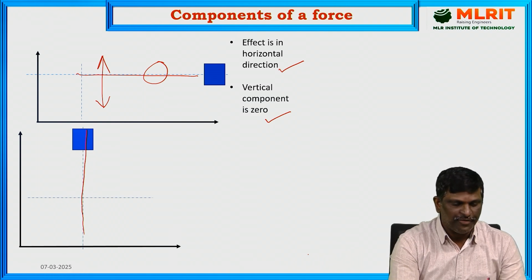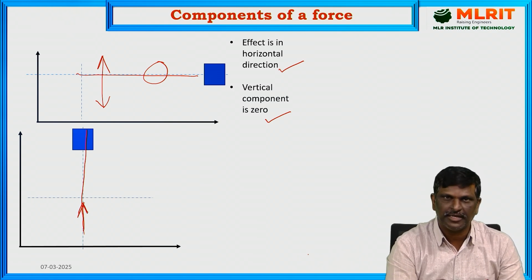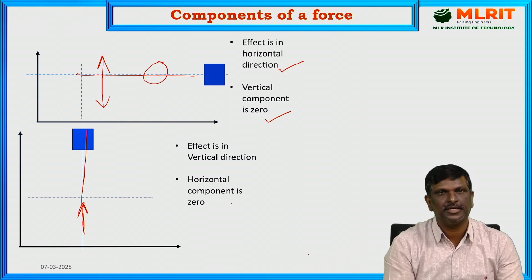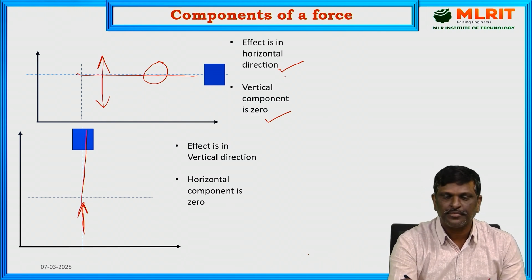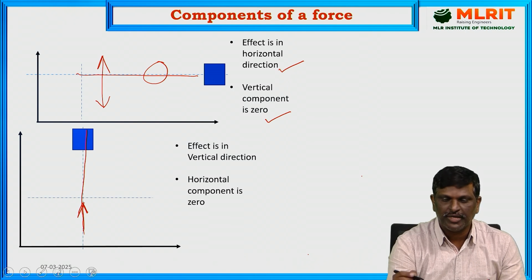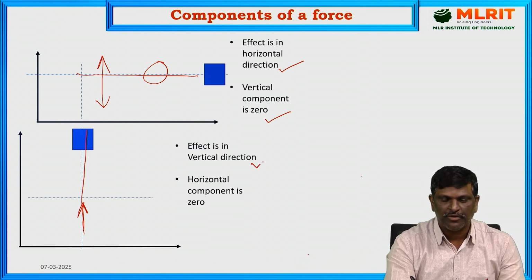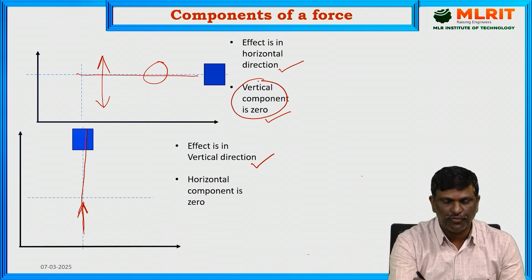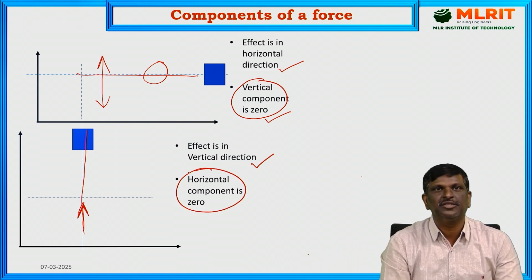The effect of a vertical force is completely in vertical direction and the vertical force doesn't have any horizontal component. A horizontal force has only horizontal component and a vertical force has only vertical component. Here the vertical component is 0 when the force is horizontal, and when the force is in vertical direction its horizontal component is 0.